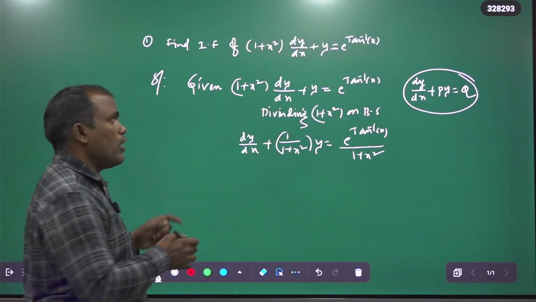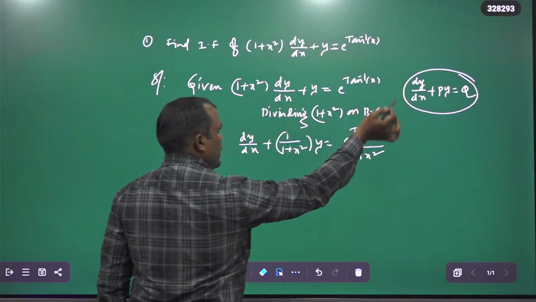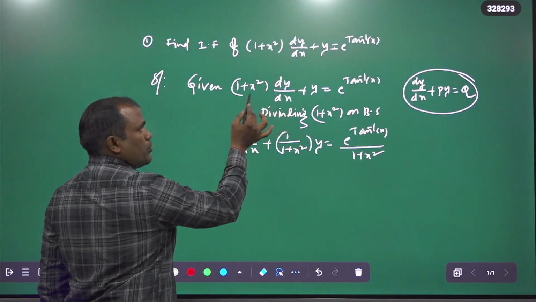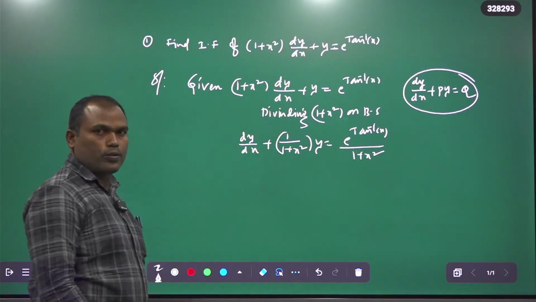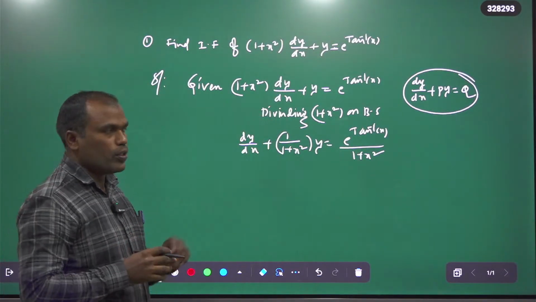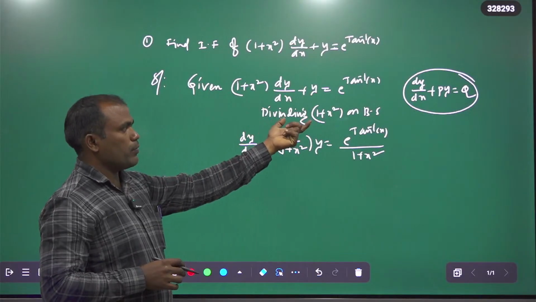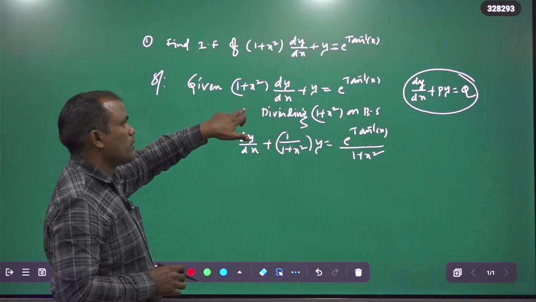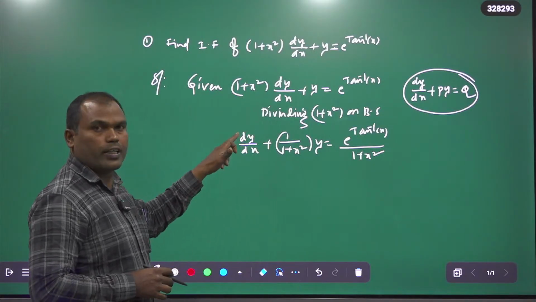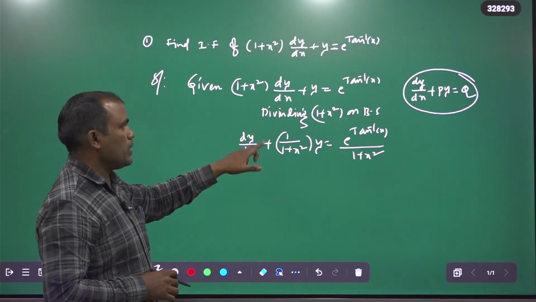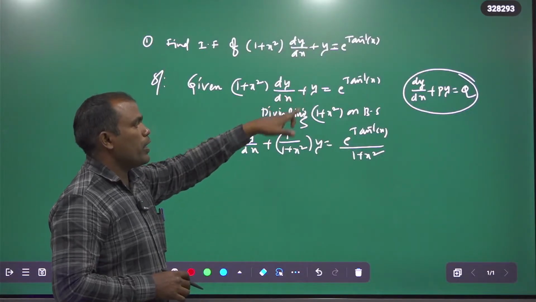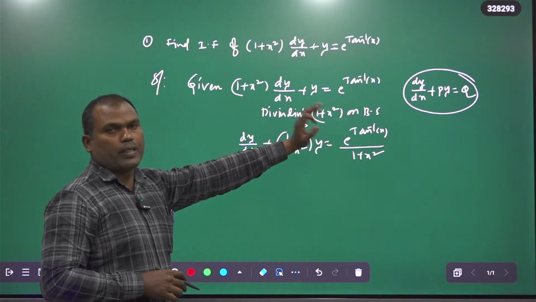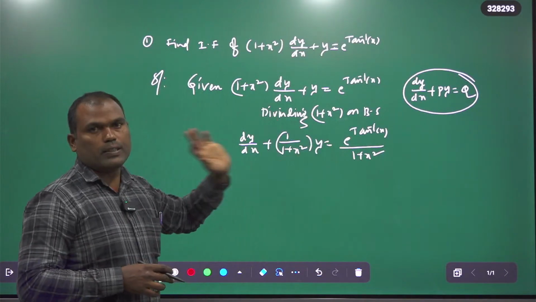But observe here, the dy by dx coefficient is 1 plus x square. So we don't want the 1 plus x square term. Then what to do? Divide by 1 plus x square on both sides. So 1 plus x square by 1 plus x square cancels, and we get dy by dx plus 1 by 1 plus x square into y equal to e to the power of tan inverse of x by 1 plus x square.